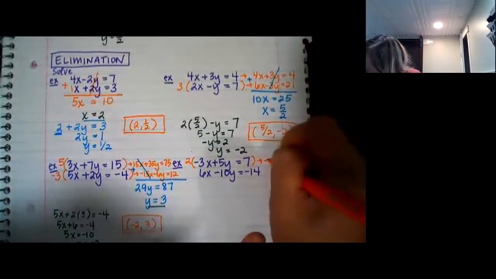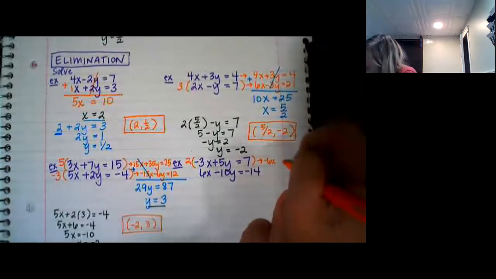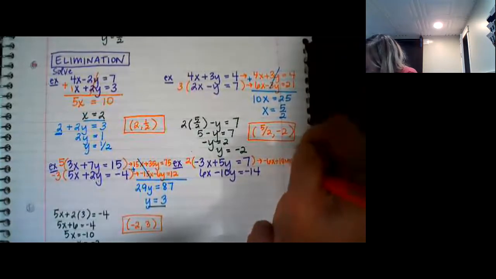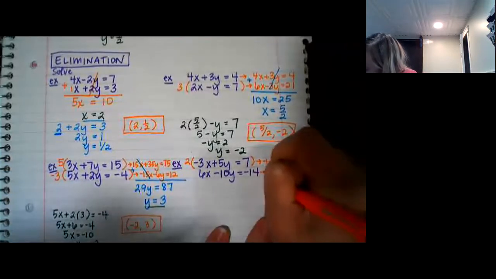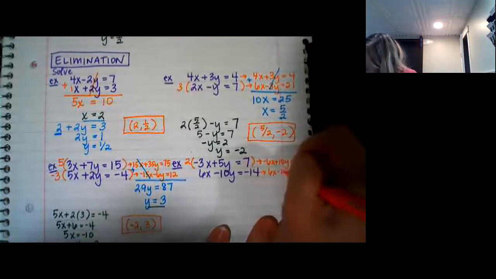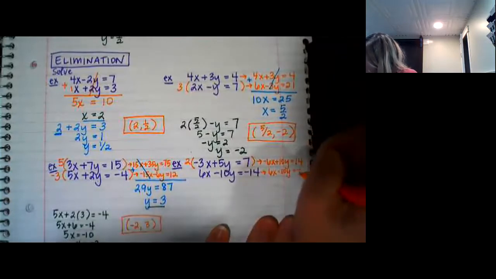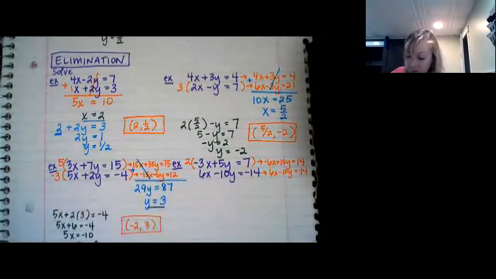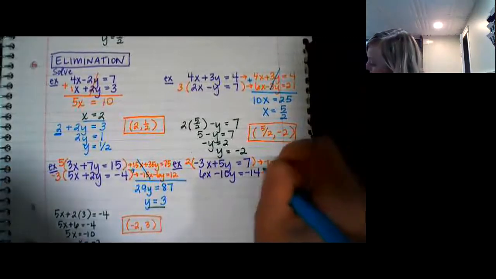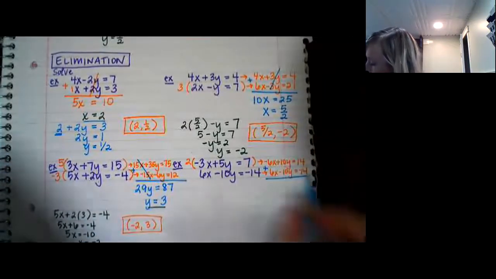So that gives me negative 6x plus 10y equals 14. And then this equation is staying the same. Now, when I was first thinking about doing this problem, I was only looking to eliminate x. Well, look what happens.